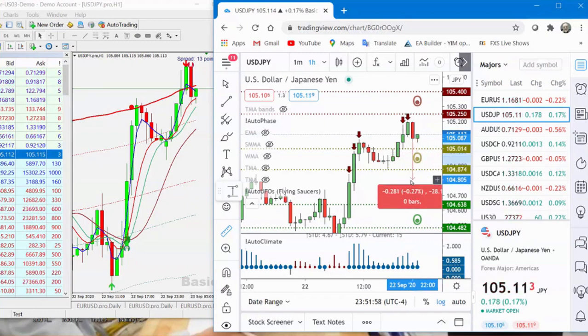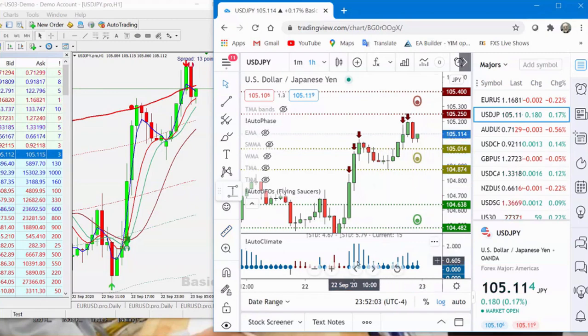Also, what I'm seeing down here is that I don't have an indication in the auto climate that price wants to go down.